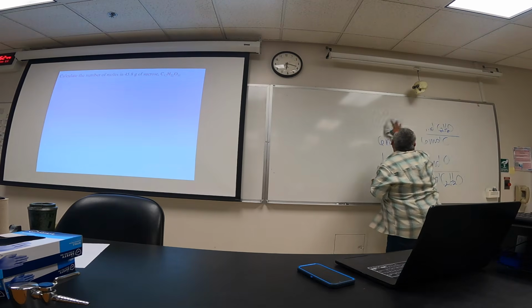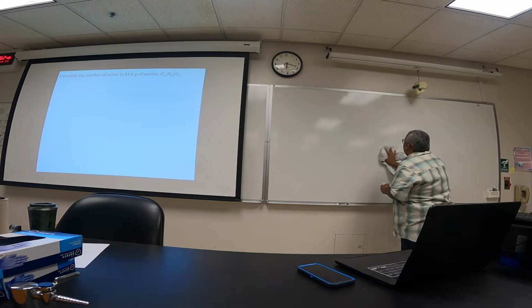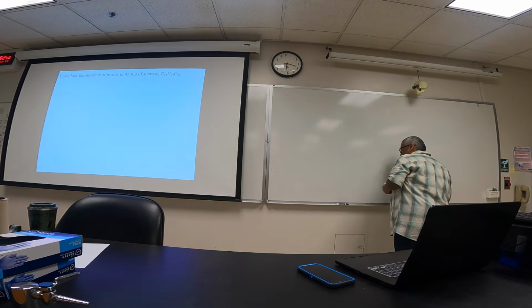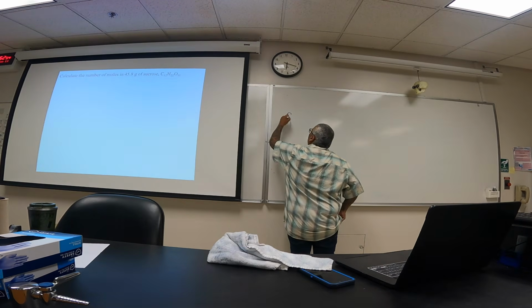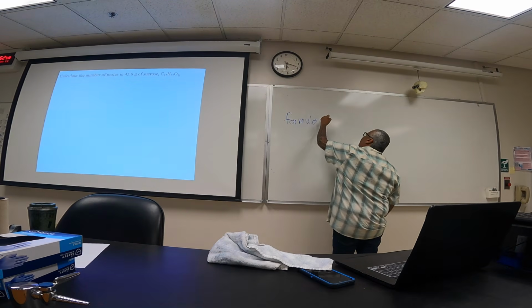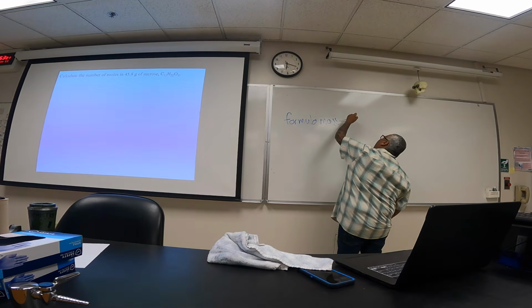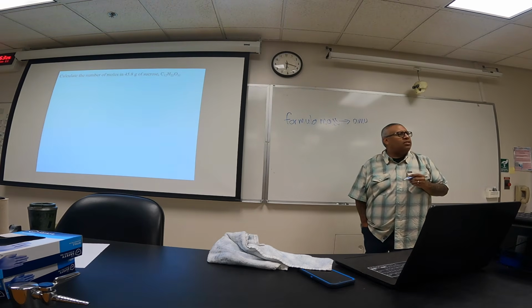Right? So the one unit we've learned today is the mole. The next unit that we're going to learn, so we have formula mass, is in something we call AMU, atomic mass units.